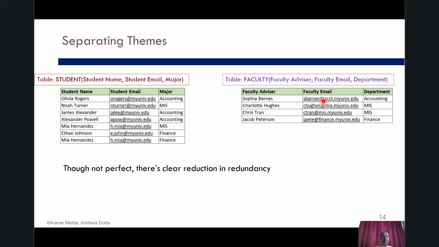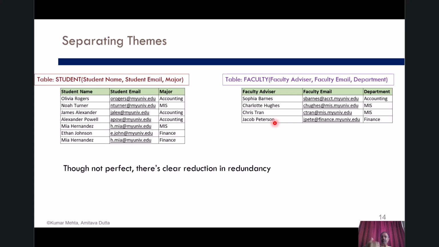Okay. Clearly, you can see that some amount of redundancy has been eliminated. For instance, the faculty advisor's name appears only once. So Sophia Barnes, Charlotte Hughes, Krista, even though one advisor might be advising multiple students, by creating these two themes which constitute the one big list, at least some of the redundancy is gone.